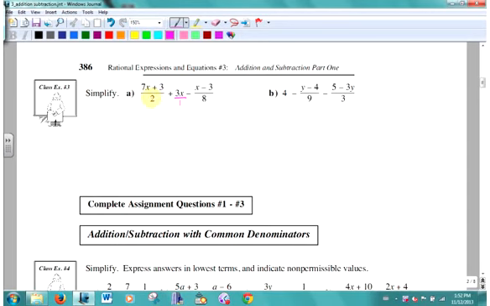Fine. What's the common denominator between 2, 1, and 8? 8. Okay? So I got 3 terms now. 2 goes into 8 4 times. So 4 times this guy. 1 goes into 8 8 times.